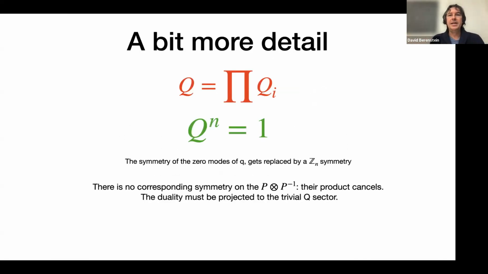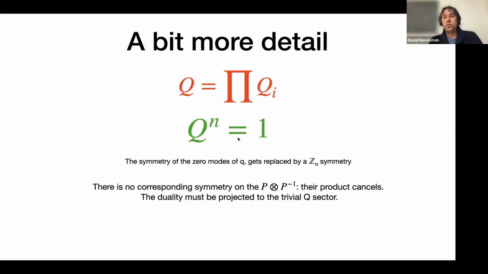Okay. With a little bit more detail, let's ask what happened to zero modes, since everything was about zero modes. There are two classes of zero modes: the one of the even p's and the one of the x minus xi. The product of the Q's is something that commutes with the Hamiltonian, because it commutes with P cross P inverse.